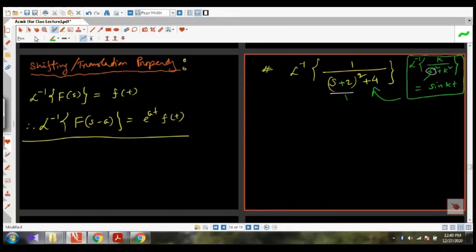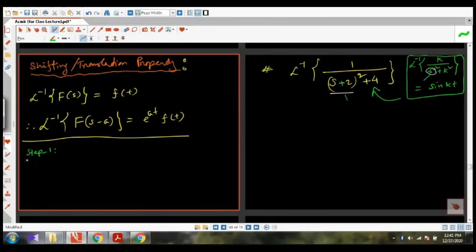So what do we have to do? You know that in the last consultation, whenever we were dealing with the shifting or translation property for Laplace transformation, we applied some steps. We followed step 1, step 2 and step 3, and finally found a solution. But now in inverse Laplace transformation, we can also solve this problem by following some steps. So let's say step 1.